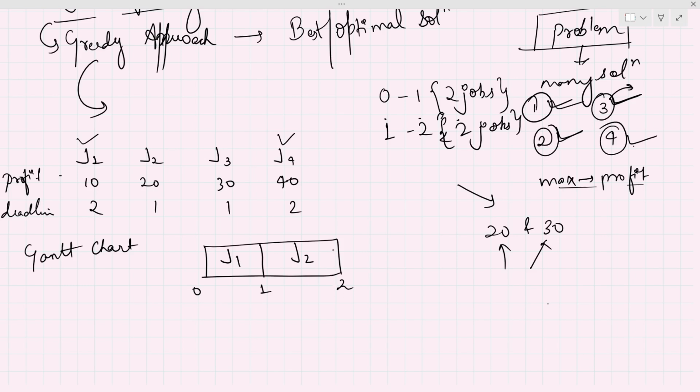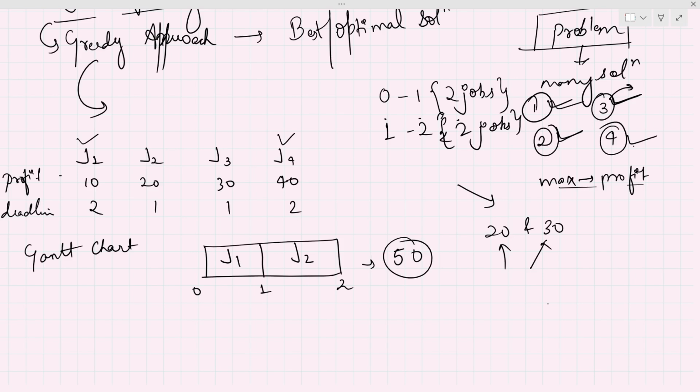In this case we have 2 cases, either we add J1 or we add J4. We can add both, no doubt, but if I write both, what's the profit? 40 and 10 is 50. So it gives me a profit of 50.